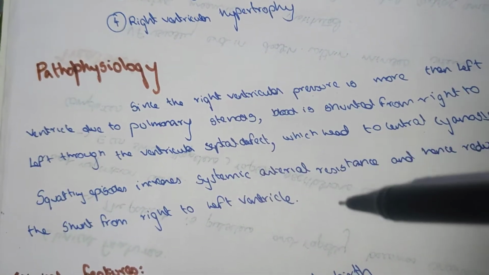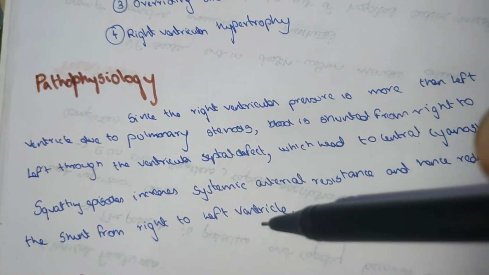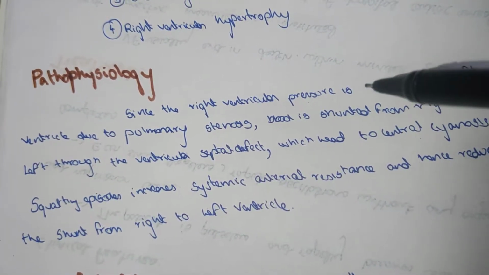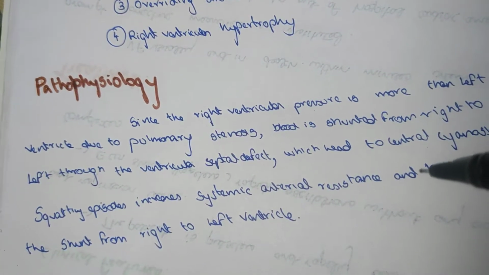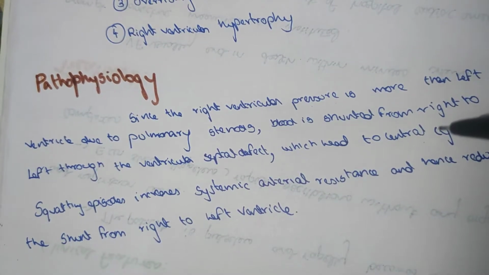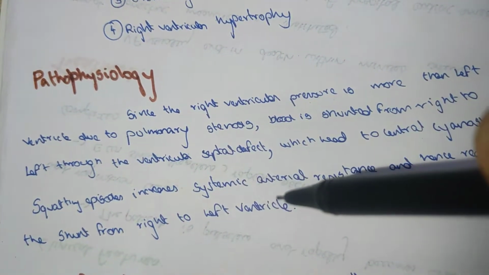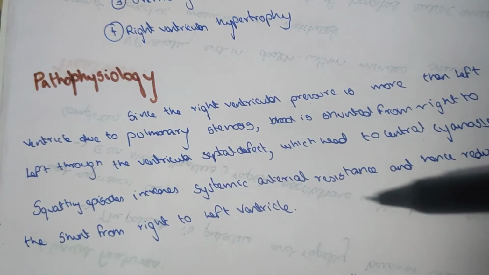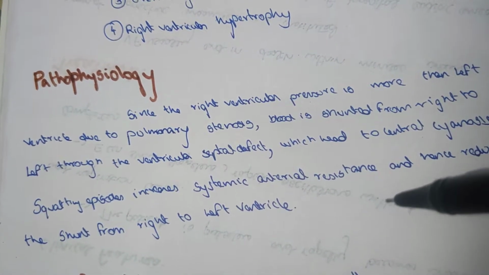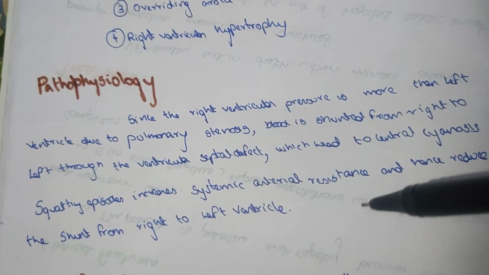Squatting increases the systemic arterial resistance, hence it reduces the shunt from the right to the left ventricle.